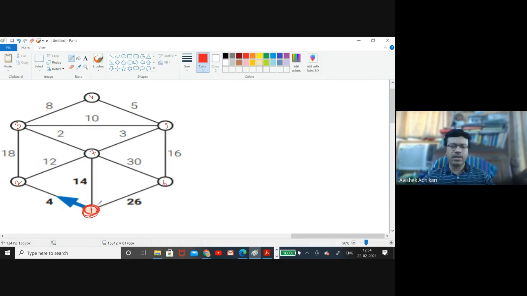Either you can go to this point, or this point, or this point. That means you have only three options. Choose the minimum weight edge. So among 4, 14 and 26, the minimum is 4. So you have to consider this too. That means your edge is basically this one.